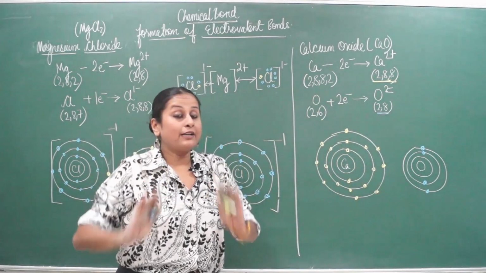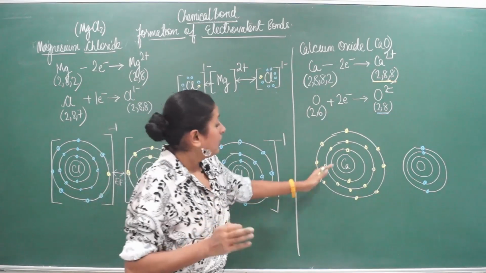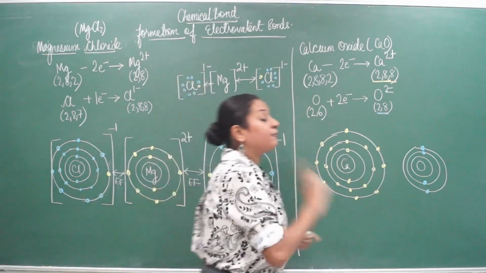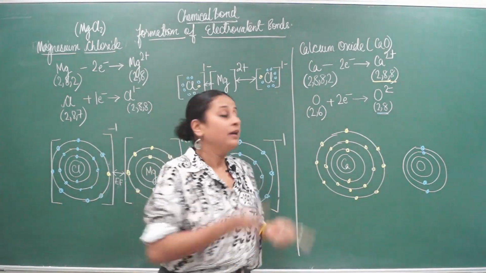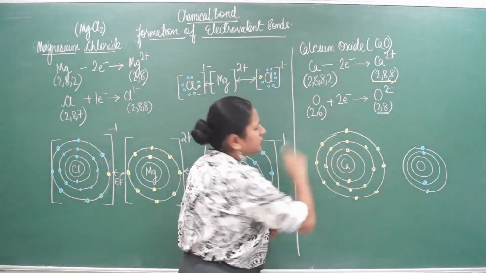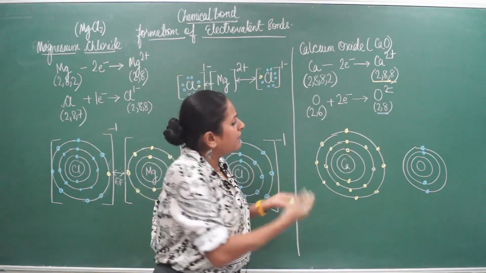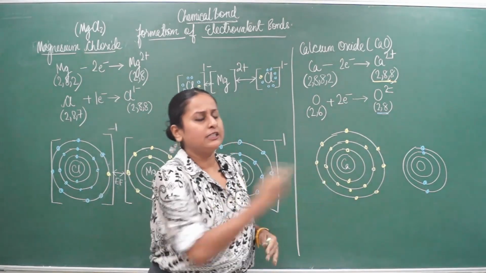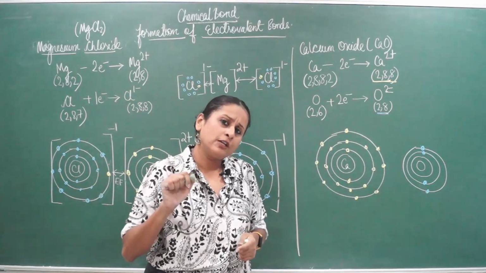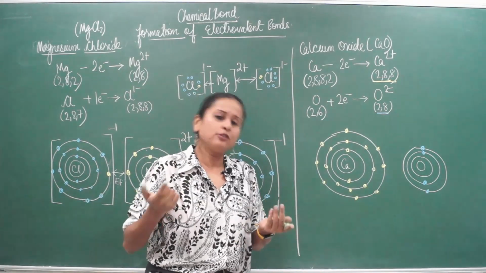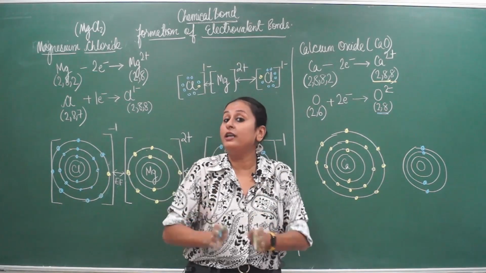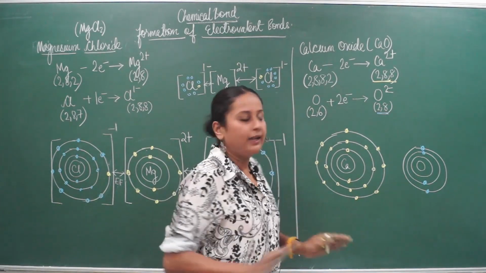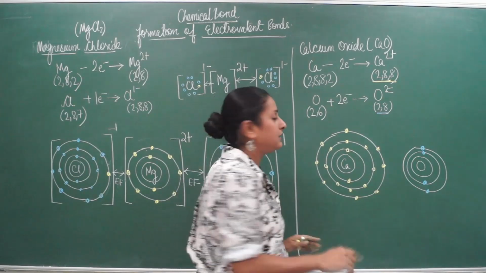The other 2 it has obtained or received from calcium. So we have to draw it in a different color or a different sign. You can't use different colors in your exam. So what we do is, if you have shown a circle for calcium, then for oxygen, in this case, you can show a cross or you can show a plus sign. That can also denote your electron. It just has to differ from each other. This is only for the sake of understanding. All electrons look alike. Remember this.